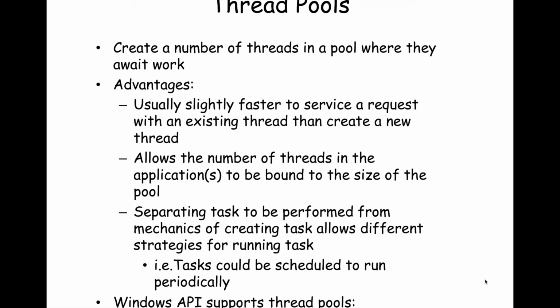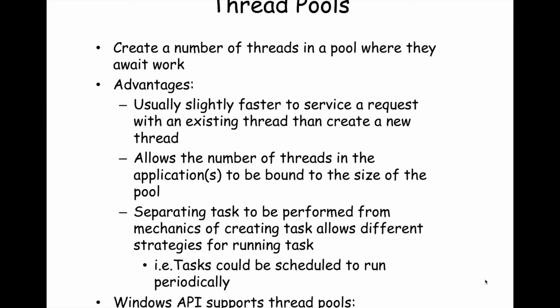It also allows the number of threads in an application to be bound to the size of the pool. So if you have a thread pool, what that means is that you decide ahead of time how many worker threads you're going to have. So let's say you have a browser or some application, and the application has a bunch of functions it wants to do. So what it does is it says, okay, is there an available worker?